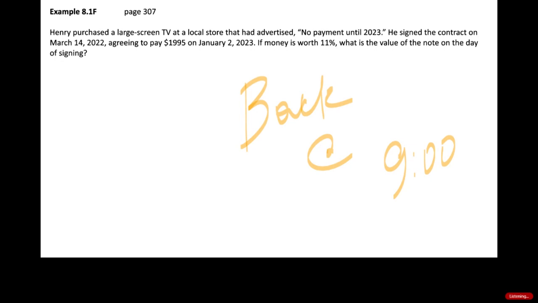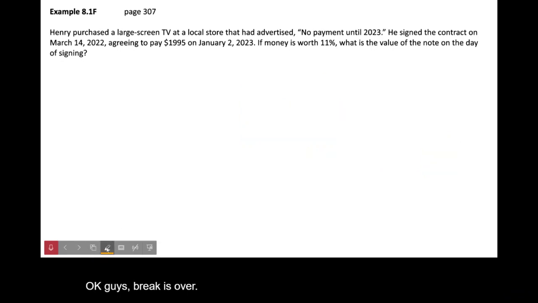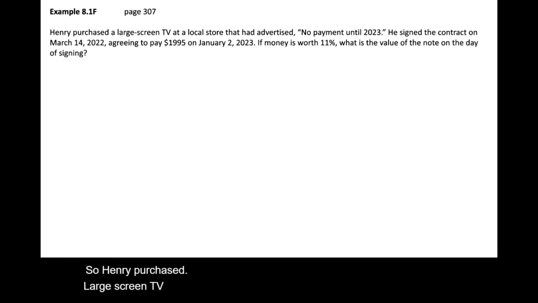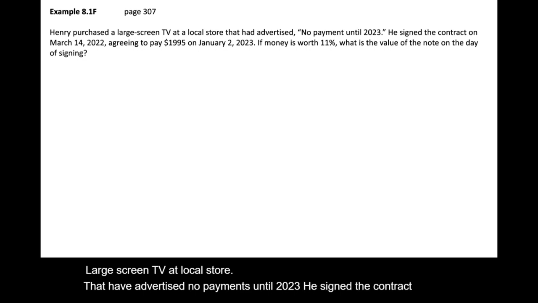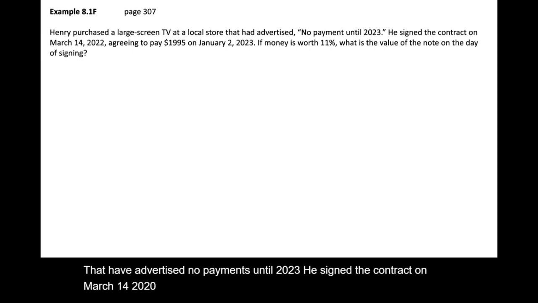Okay, guys, break is over. Let's continue. So Henry purchased large screen TV at local store that had advertised no payments until 2023. He signed the contract on March 14, 2022, agreeing to pay $19.95 on January 2, 2023.